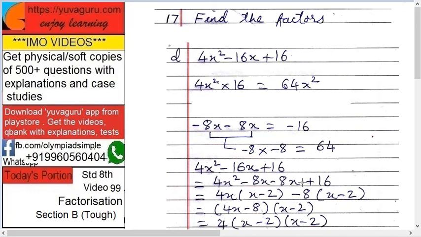Then for 8x now, x is already there, so we require minus 8. So minus 8x. So take x minus 2 common now. So what remains? 4x minus 8 into x minus 2, right? Take 4 common now from 4x minus 8. 4 into x minus 2 into x minus 2. So it can be written as 4 into x minus 2 the whole square.